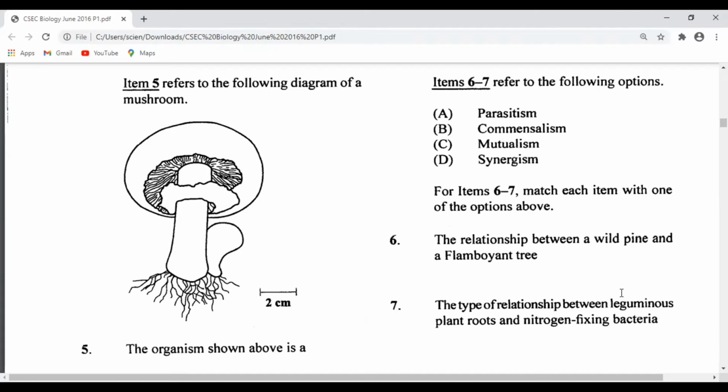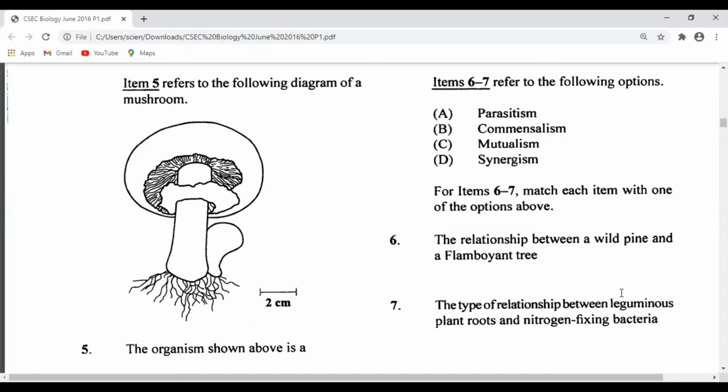While in 7, the leguminous plant and the nitrogen-fixing bacteria both benefit. The bacteria gain carbohydrate, which is produced by the plant during photosynthesis, and also gain protection, while the plants gain nitrogenous compounds as the bacteria fix the nitrogen in the soil.